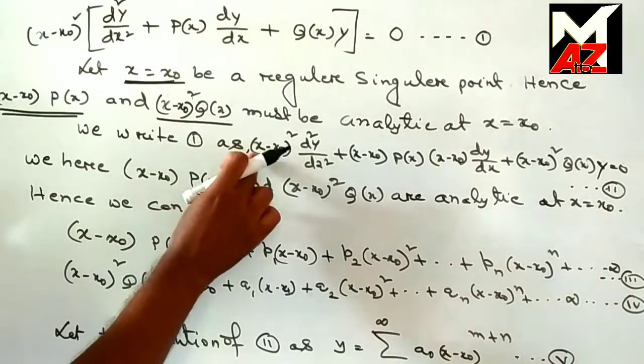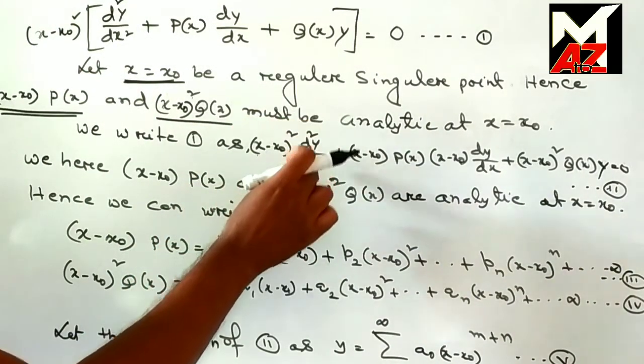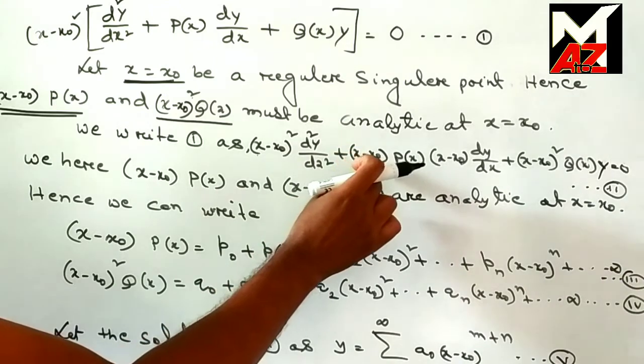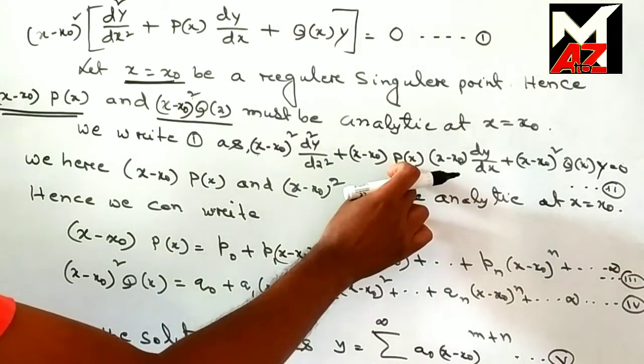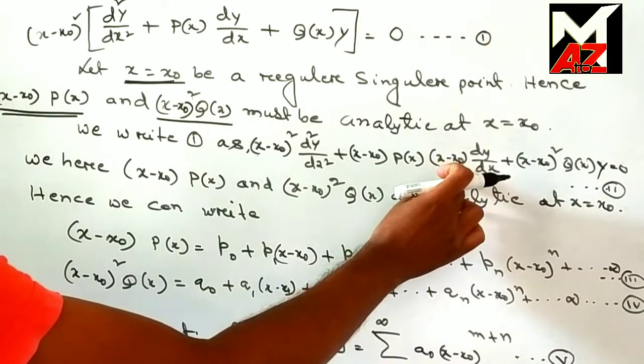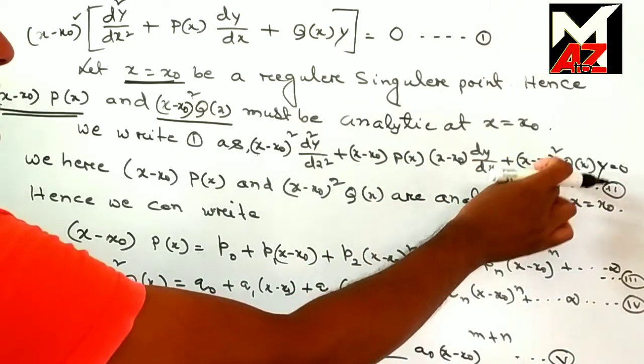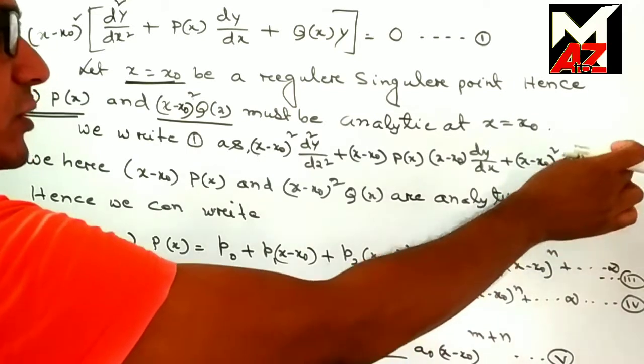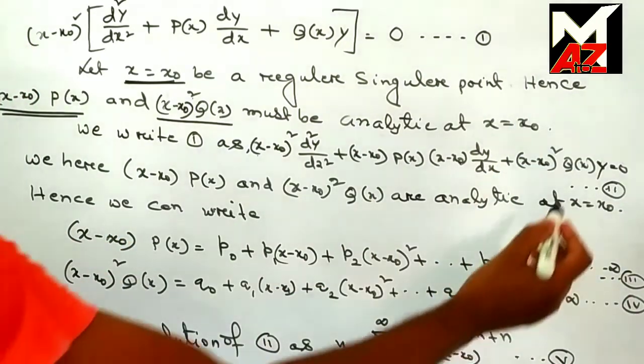So we can write x minus x0 square into d2y by dx2 plus x minus x0 into p of x, and here an extra x minus x0, x minus x0 into dy by dx, plus x minus x0 whole square into q of x into y equal to 0. This is 2.